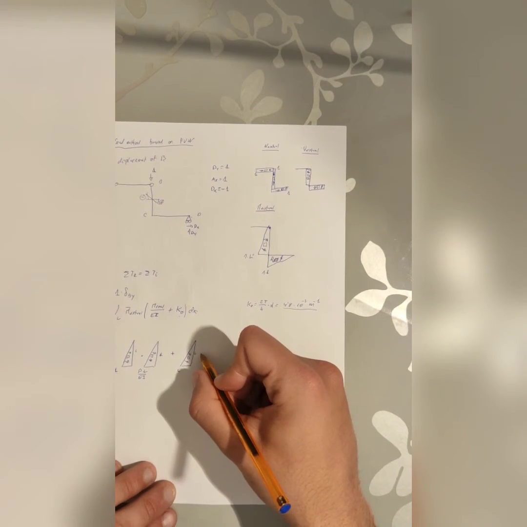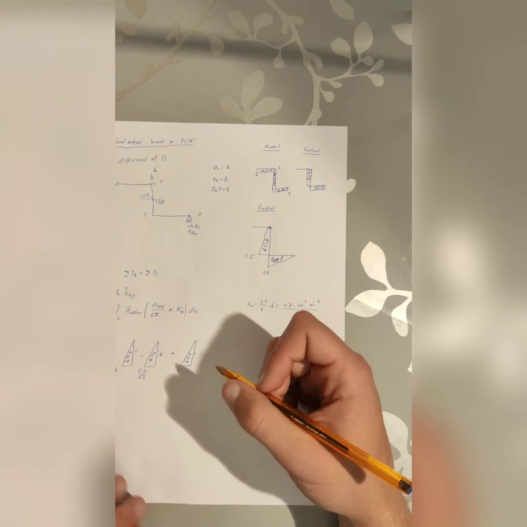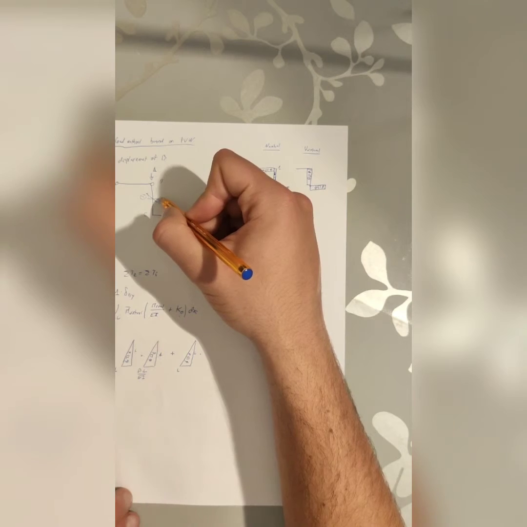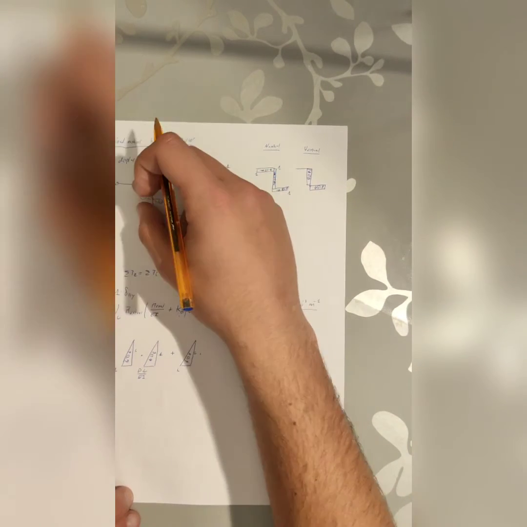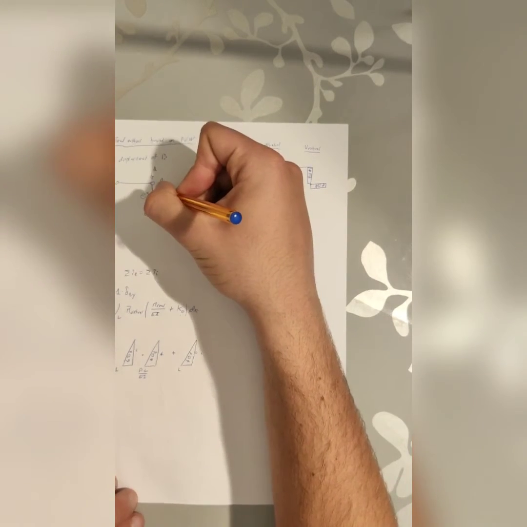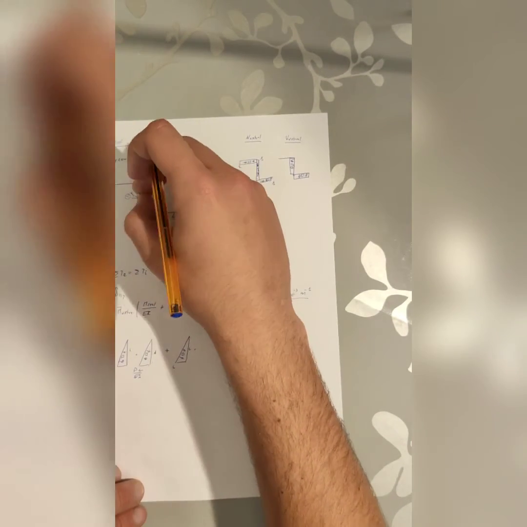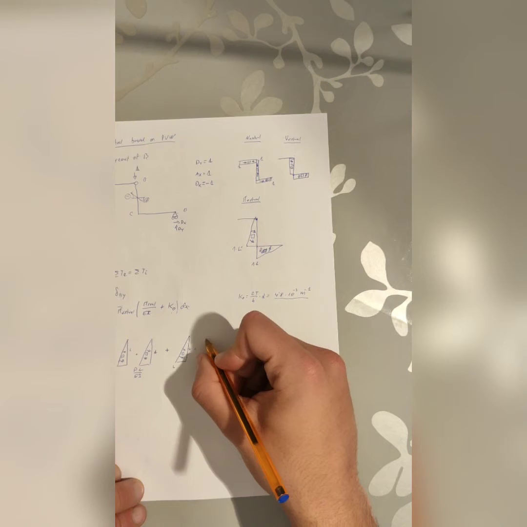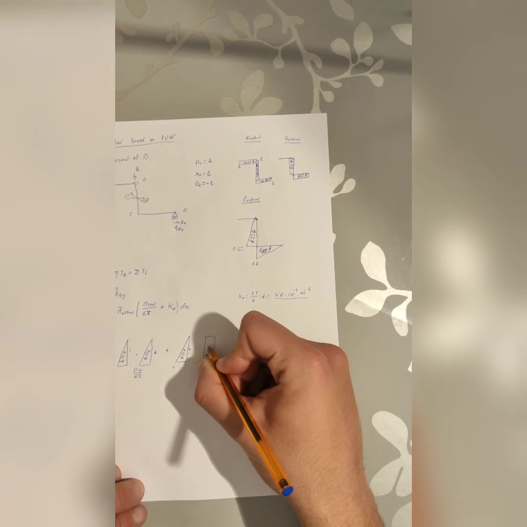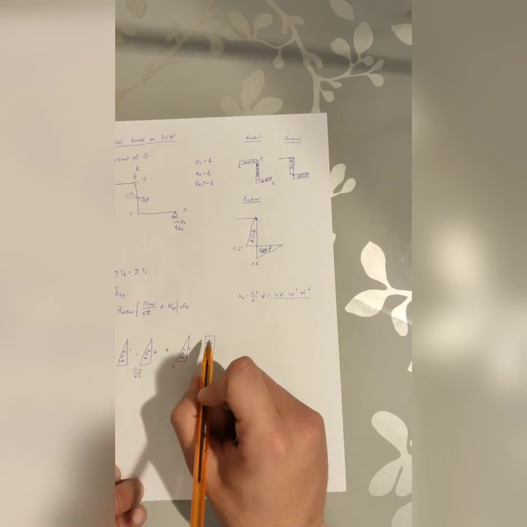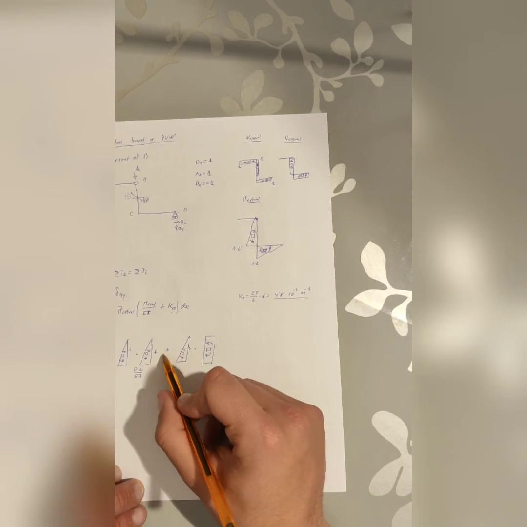Virtual system again, L, and the temperature. The temperature is a positive increment on this side and a negative increment on this side. This means this will expand and this will contract. As you can see, the curvature is in the opposite direction, like this. So this product will give us a negative value here.